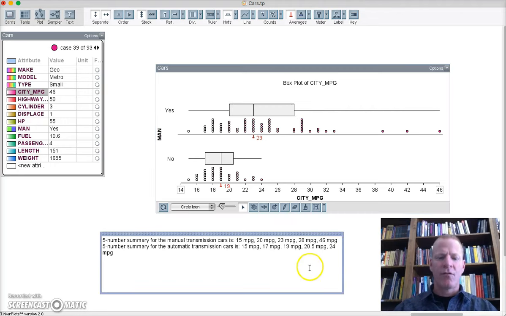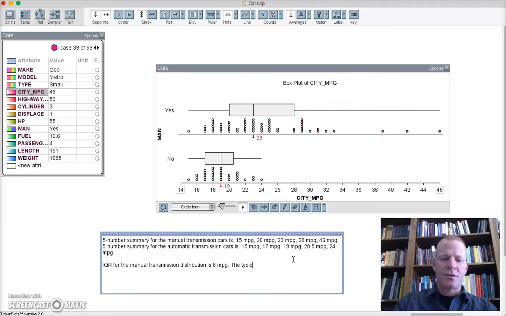So let's summarize this in written form here for a second. IQR for manual transmission distribution is 8 mpg.